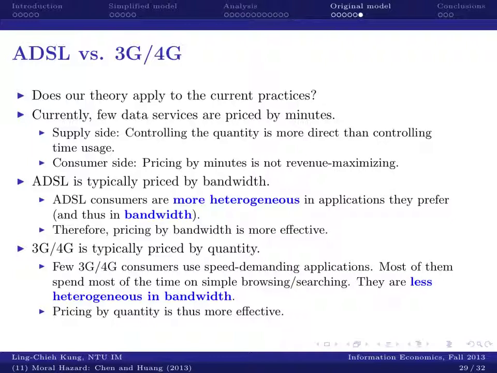You do not typically use your smartphone to play online games or to listen to online music. That's not the typical case. So most consumers are doing the same thing. Consumers are less heterogeneous in bandwidth, and that's why in that case you should price by quantity.